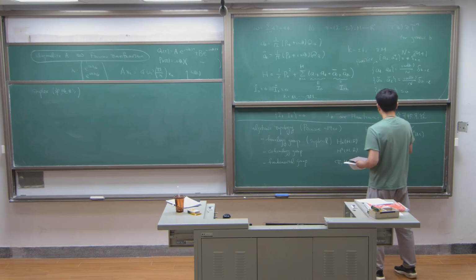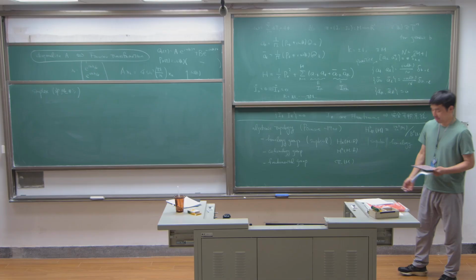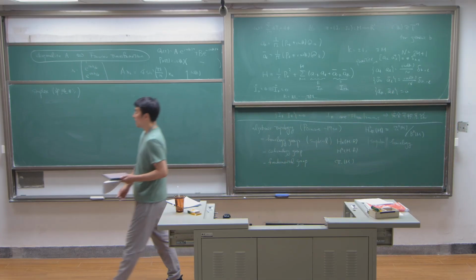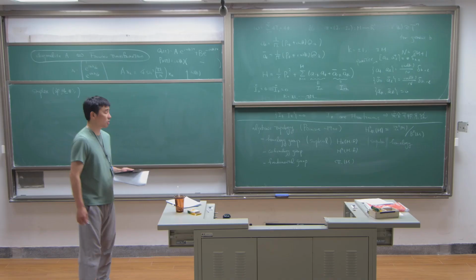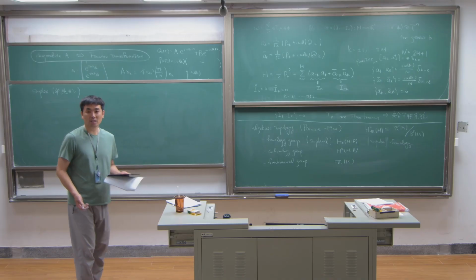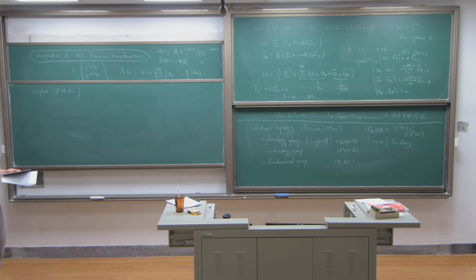When you consider modern algebraic topology, singular homology is suitable, but it's almost impossible to do the computation unless you use some kind of exact sequence, which I will introduce from now on.